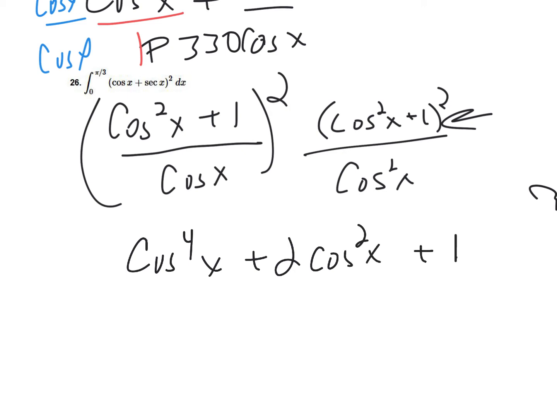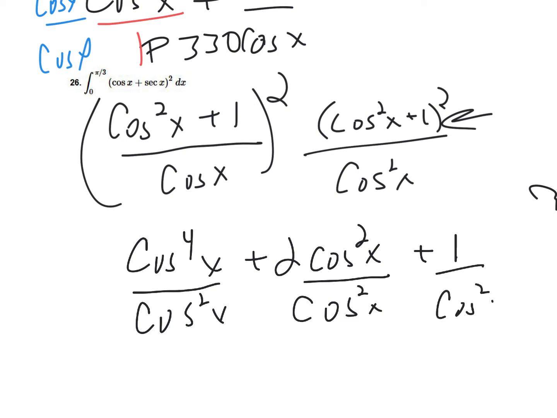And now this is all over cosine squared. So I can just break these out into 3 different fractions, and that does some nice things for us. Cosine to the 4th x over cosine squared x is cosine squared x, right?